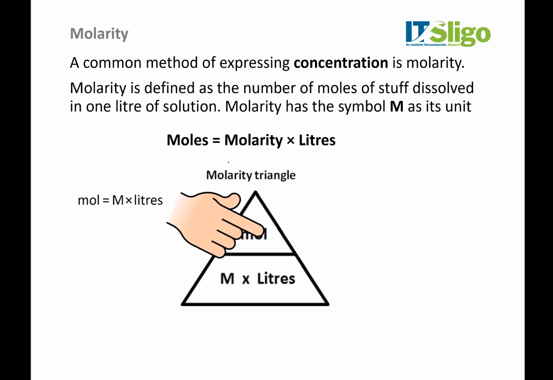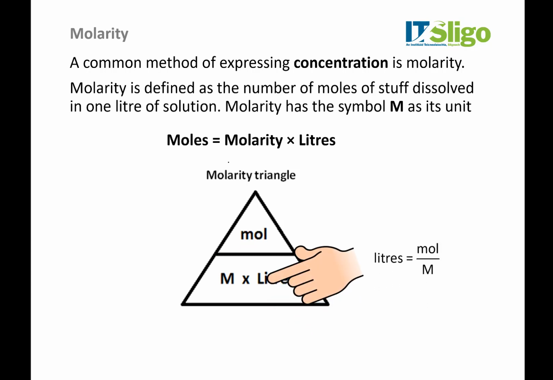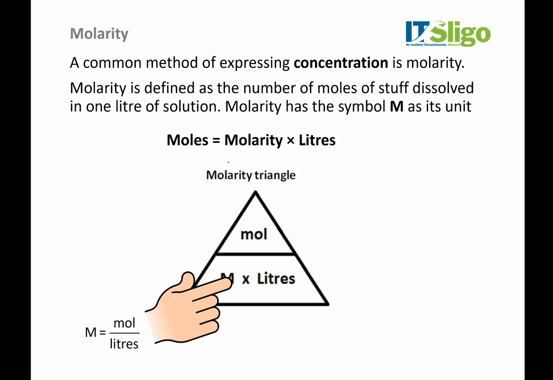And again, we just cover over the term of interest, and that tells us the relationship between the remaining variables. Moles is molarity by liters, or by volume sometimes. Liters is moles over molarity, and molarity is moles per liter. Very important to convert all your values to liters in order to do these calculations.